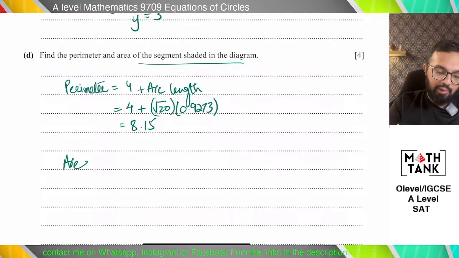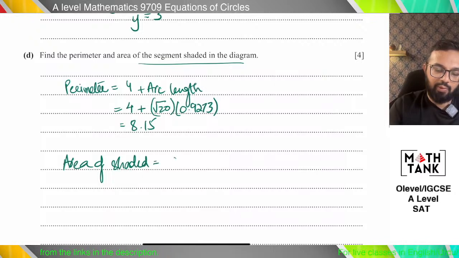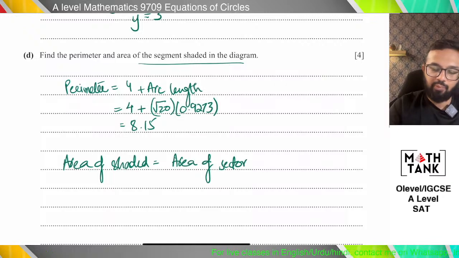And the area of shaded is basically area of sector minus area of triangle.